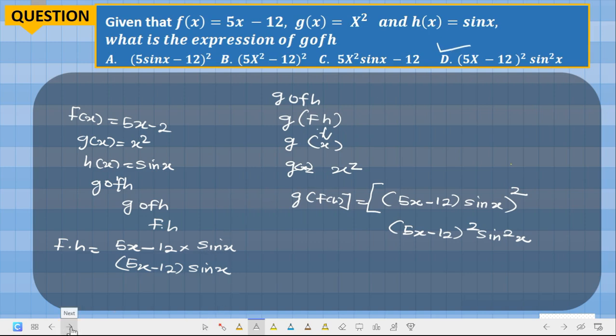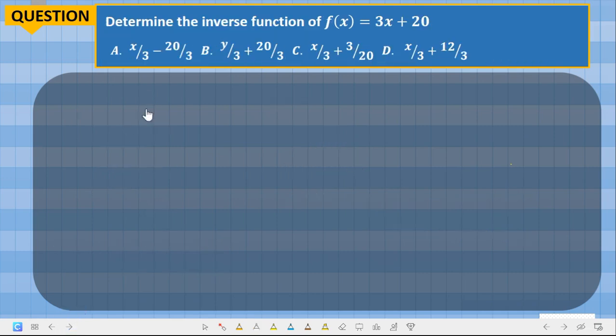Now let's take the next question. The next question says, if f of x is equal to 3x plus 20, determine the inverse. Now we said our f of x is also equals to y, so y is equals to what? 3x plus 20. To find the inverse, what do we do? Make x the subject of the formula.